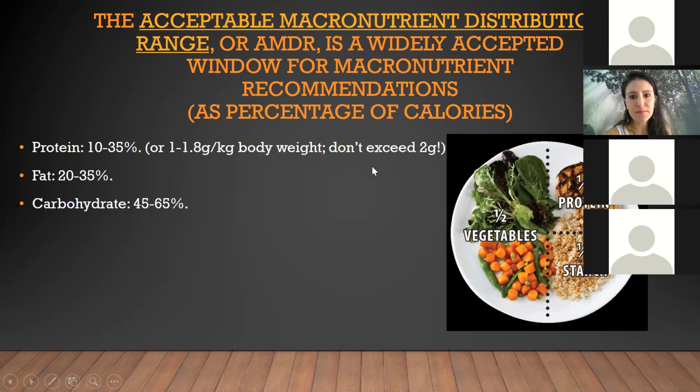Hey, Miriam. Yes. We have someone asking what your thoughts are on a keto diet with supplements. Yeah, so a keto diet is not how I'm recommending these ranges.